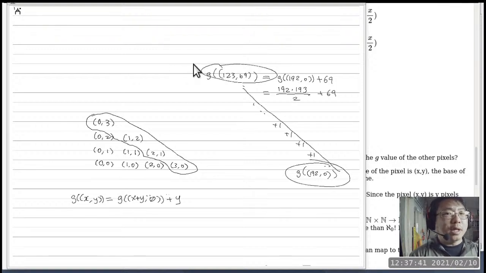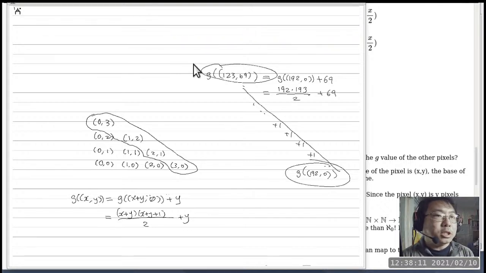So the number of times we have to add 1 to get to the pixel at coordinate x,y is really just y compared to the g value at the base of that diagonal line. So now we expand this a little bit because we already know what this thing boils down to. It is x plus y times x plus y plus 1, the whole thing divided by 2, plus y, and that's it. This is the equation.